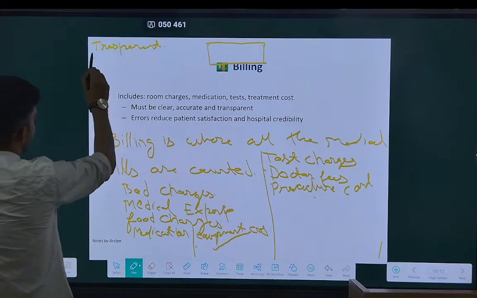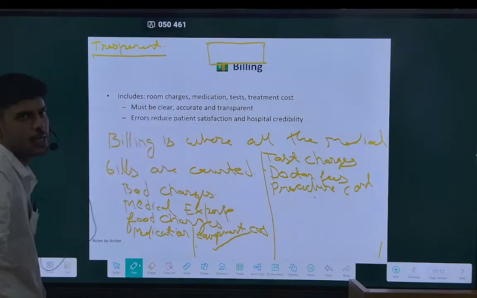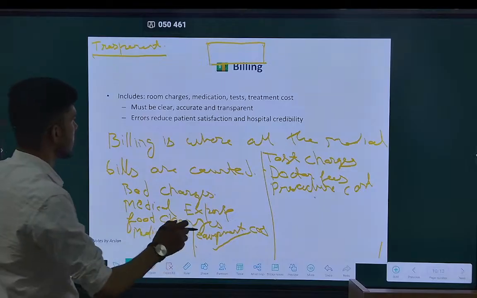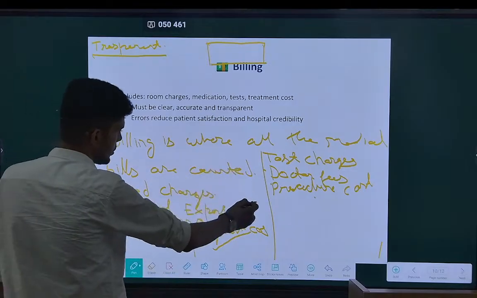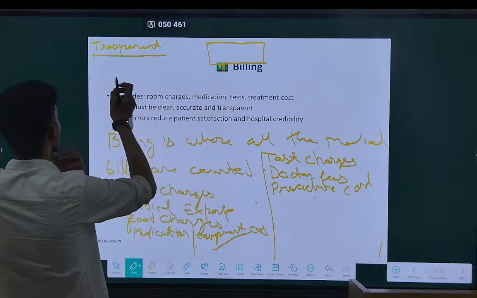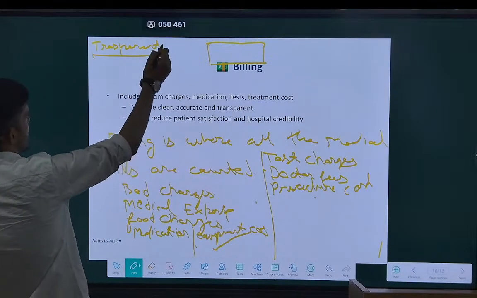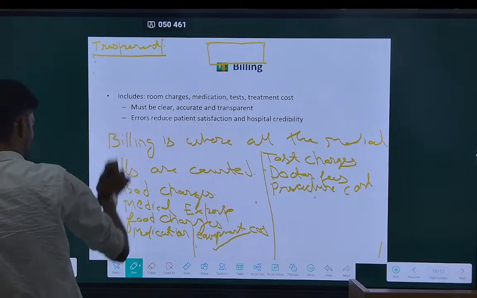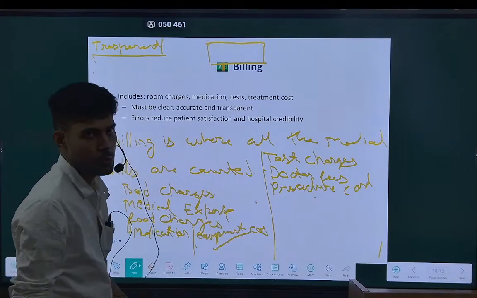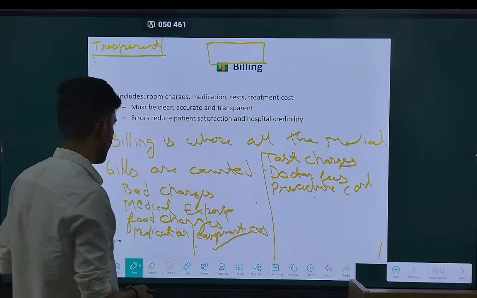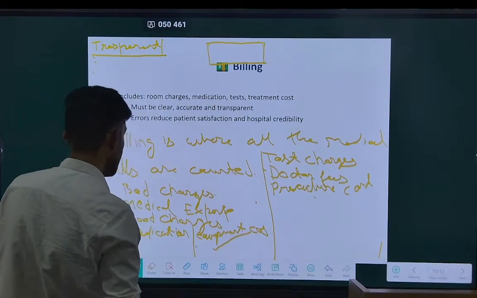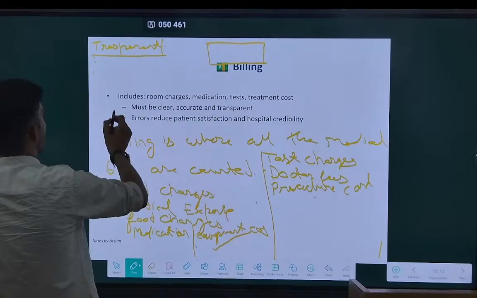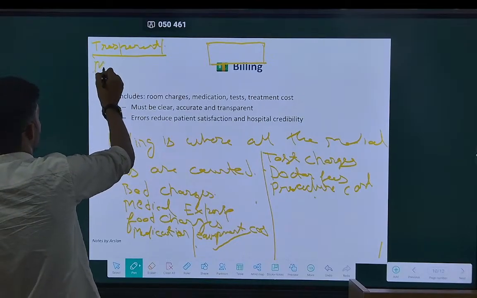What do you mean by transparent? Means there should not be any hidden charges. Whatever charges there are, whatever the patient has used or consumed, need to be transparent, so the patient understands it. It is very important for a bill to be transparent, and it also must be clear.